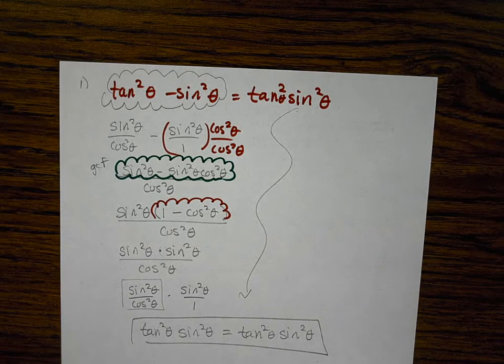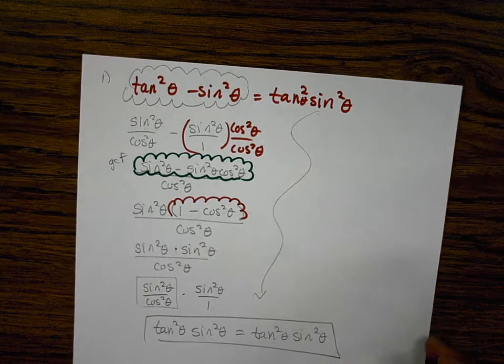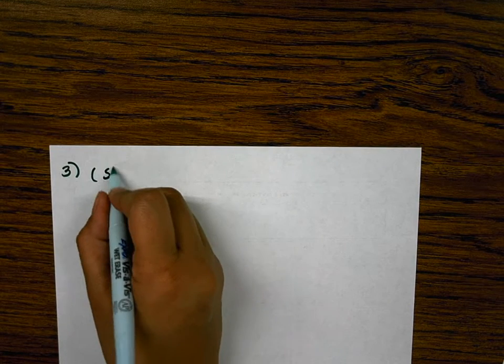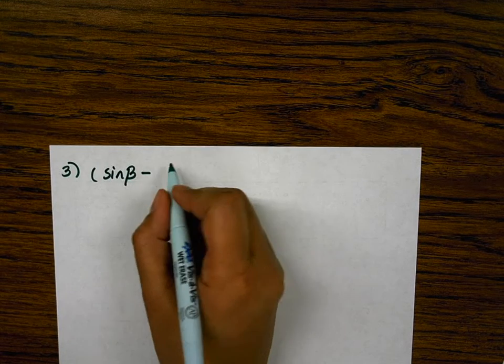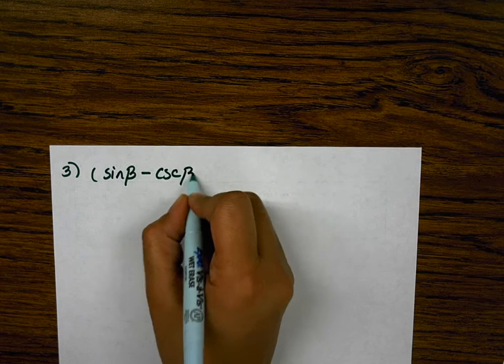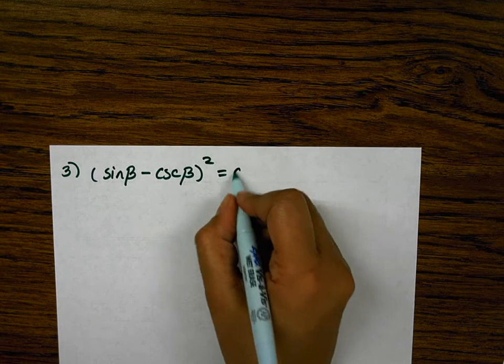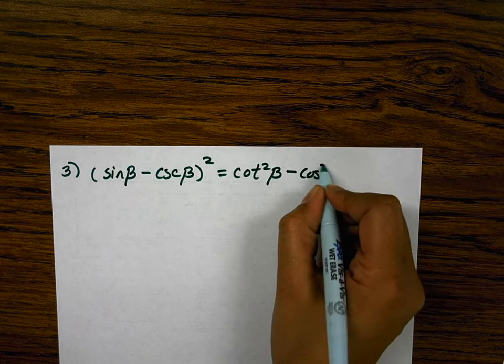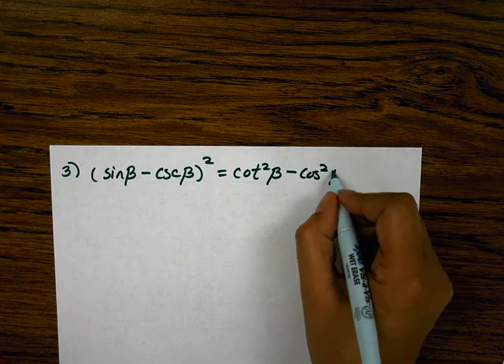Okay, next one I want to go over is number 3. Number 3 is sine beta minus cosecant beta quantity squared equals cotangent squared beta minus cosine squared beta.